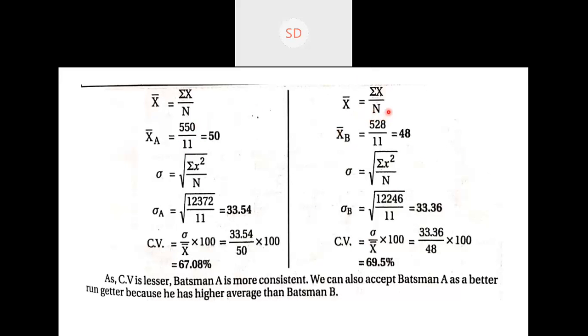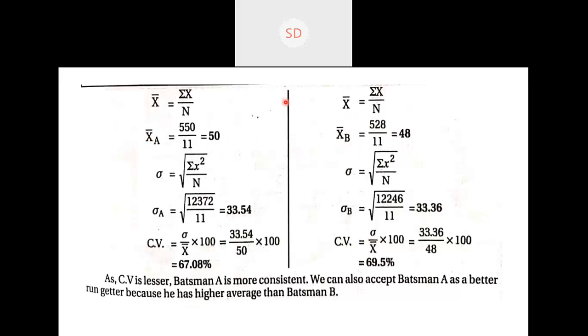For B it is 528 divided by 11, because sigma x total for batsman B is 528, so that is 48. So we have got x bar A for batsman A and x bar B for batsman B. This is our arithmetic mean. After finding the arithmetic mean, our next step is to find the deviations.